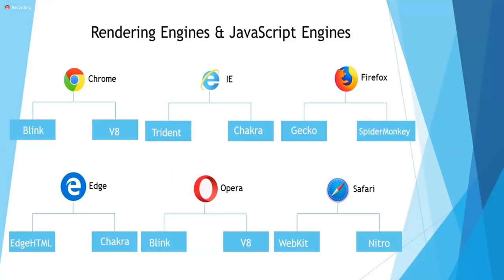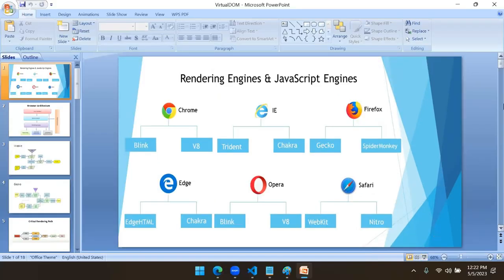WebKit belongs to Safari. Gecko and SpiderMonkey belong to Firefox. Edge, V8, these are the engines. We already learned these in the beginning.